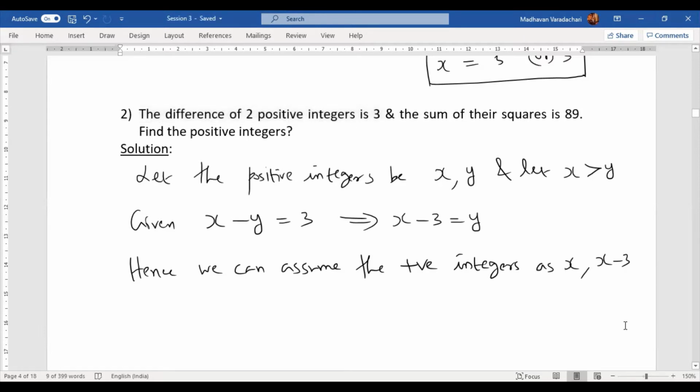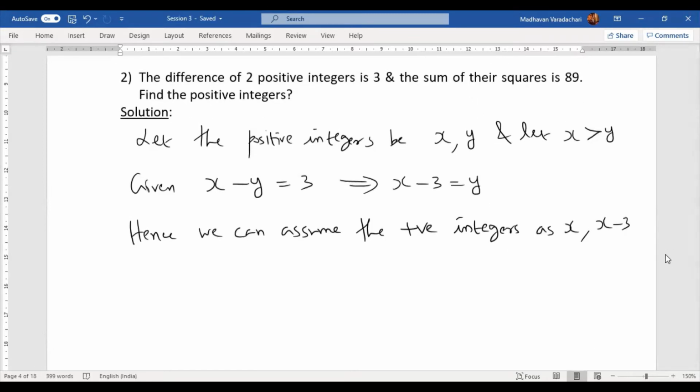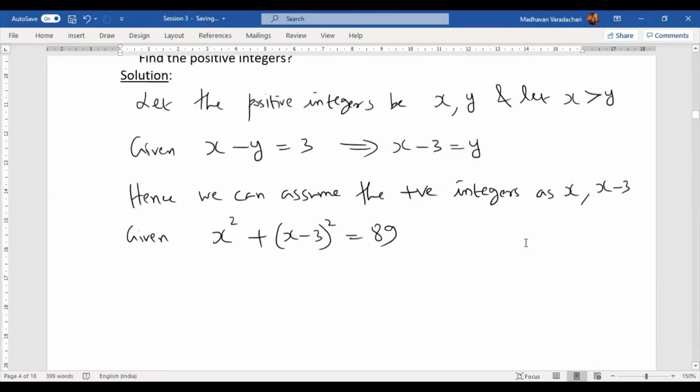Okay. Now, sum of their squares. So given sum of their squares, first item square is x square plus, because they say sum of the squares, x minus 3 the whole square. This is given as 89. Now it is very similar to the previous problem.